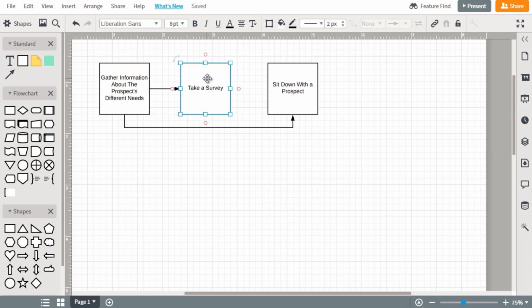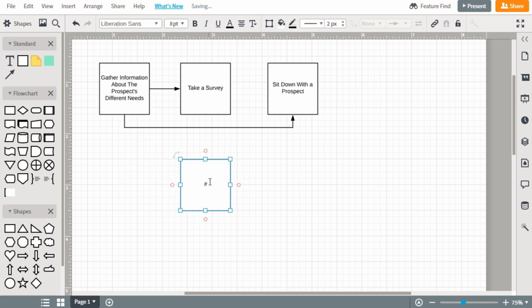Option 1, take a survey, and option 2, sit down with a prospect. Once we've talked to several prospects and you've gathered enough data for your survey and you're ready to go, and you've compiled a list of different needs like what we talked about earlier, then we can move on to the actual funnel. So by this point, we should have enough data.